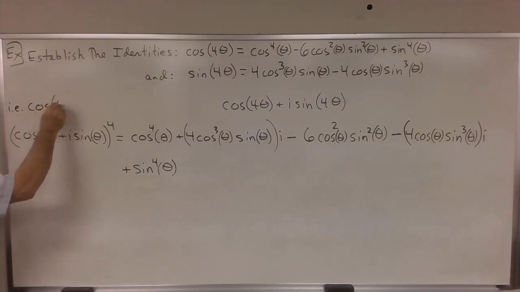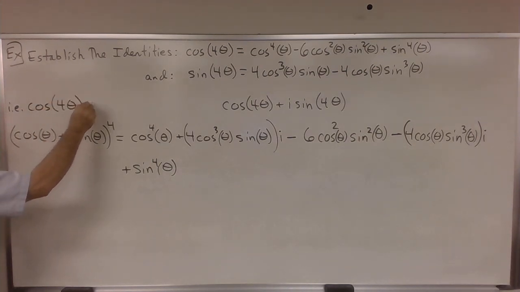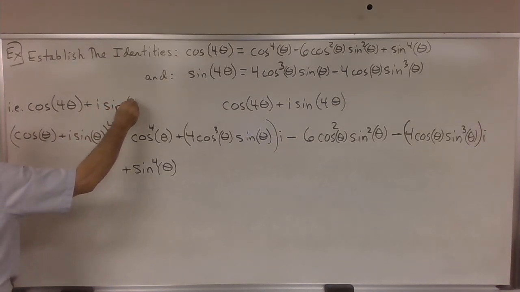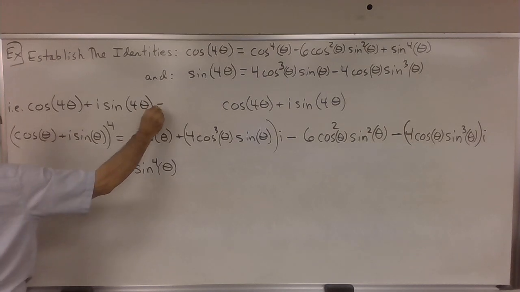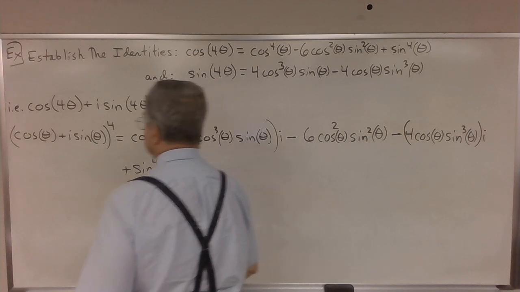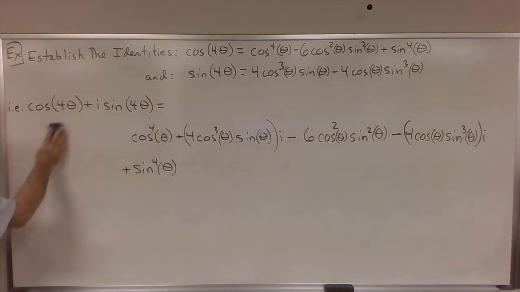Cosine of 4 theta plus i sine of 4 theta equals all of this junk.